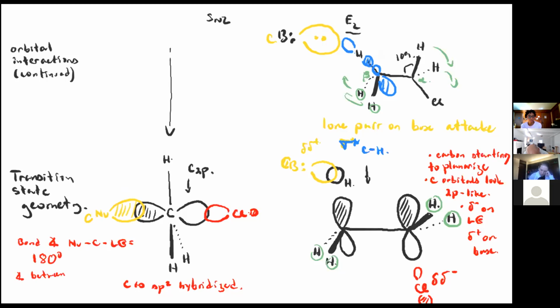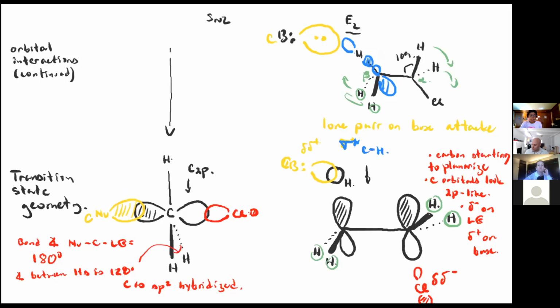I'll just say the H is 120. So whatever's attached to carbon but not participating, that angle is 120, this angle here. Okay. So those are the two transition states. And now we'll get into substrate, leaving group, nucleophile. Any questions on what we've done thus far?